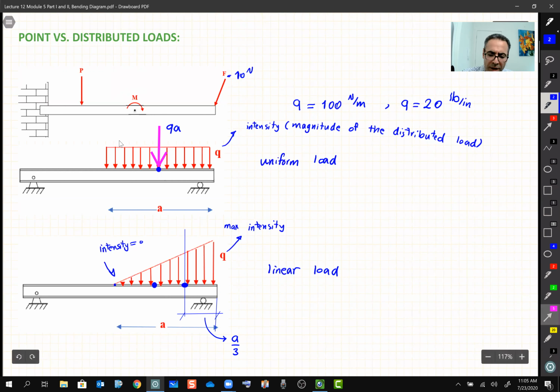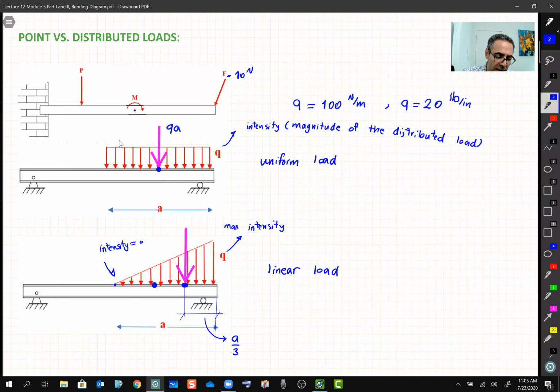And when you see a right triangular shape, simply replace it with a force which acts at the centroid.